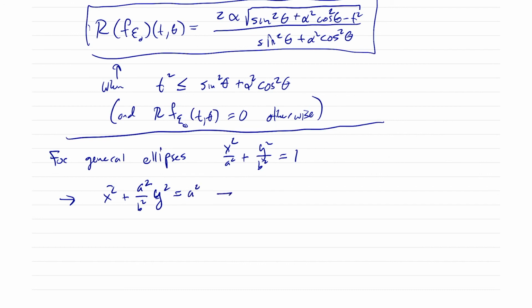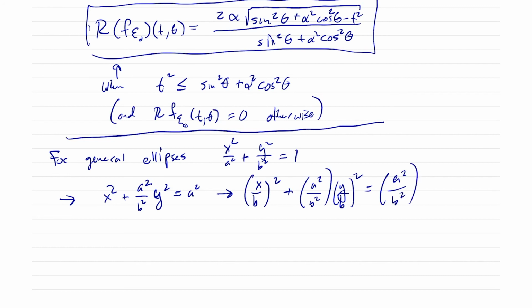Dividing by b squared, it's going to give us x over b squared plus a squared over b squared times y over b squared is equal to a squared over b squared. So here we get our alpha is equal to a over b, and we are scaling x and y by the same factor.